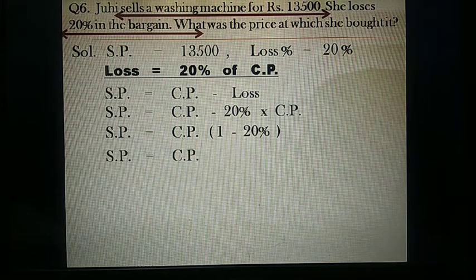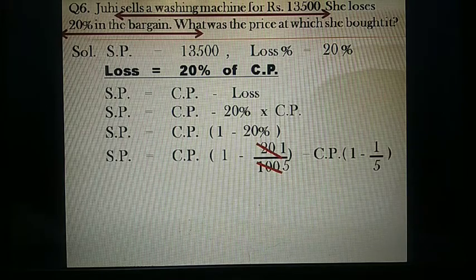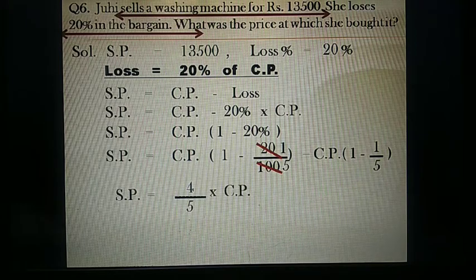Solve it. 1 minus 20 upon 100. Solve the values in the bracket. It's 20 ones are 20, 5 twenties are 100. Finally, it's 1 minus 1 upon 5. When you solve the bracket part, you will get CP into 4 upon 5.